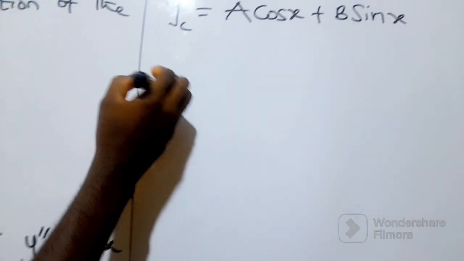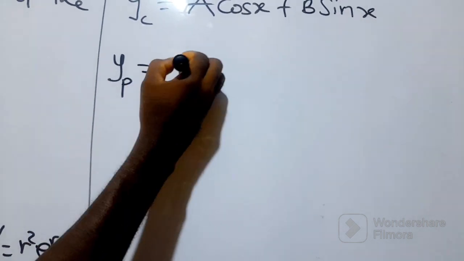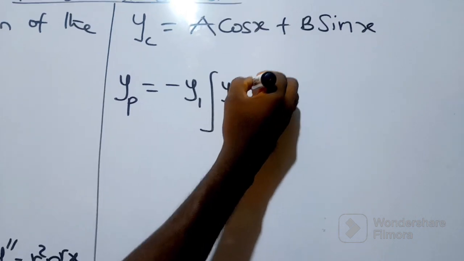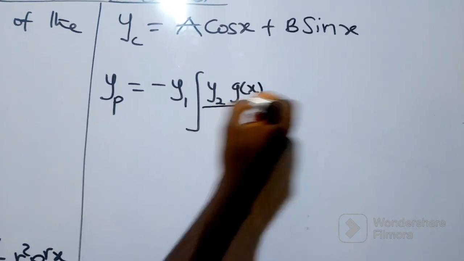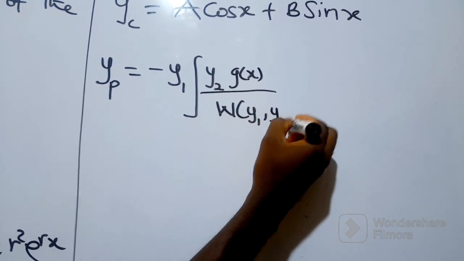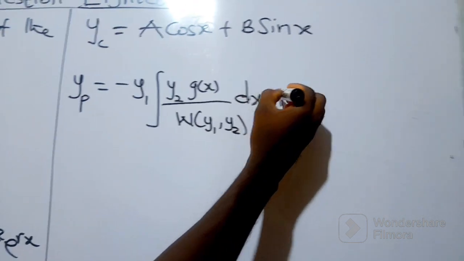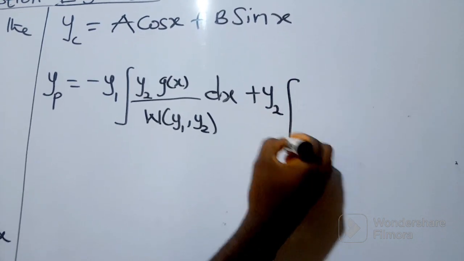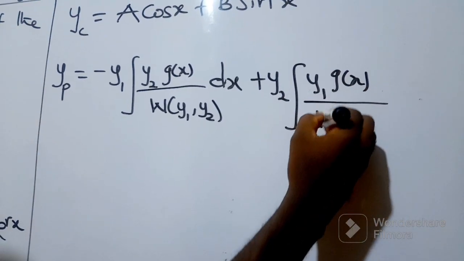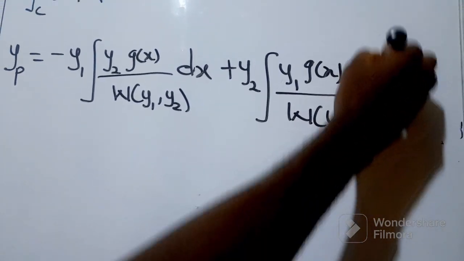So with this method, we say our y_p is given as negative y1 times the integral of y2 g(x) over the Wronskian of y1, y2 dx, plus y2 times the integral of y1 g(x) over the Wronskian of y1, y2 dx.